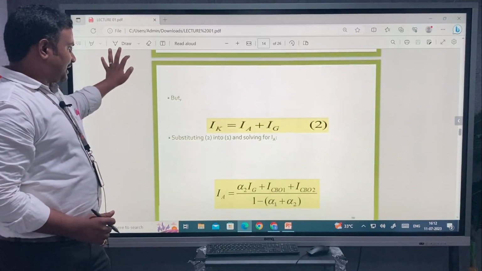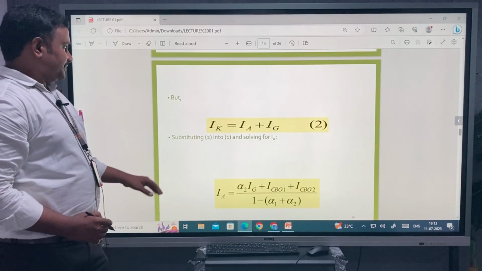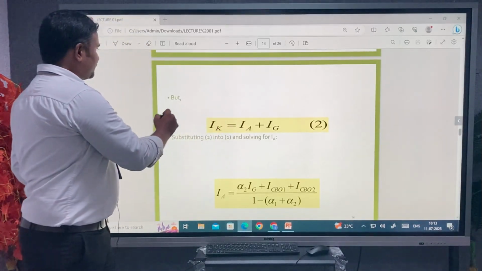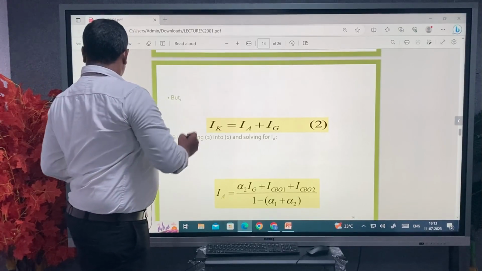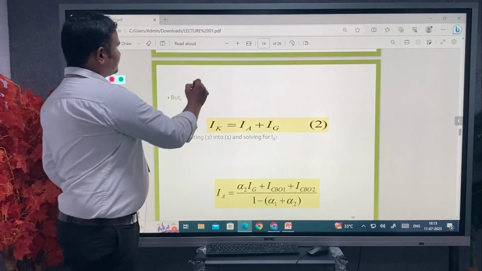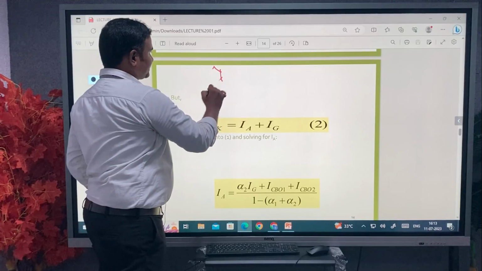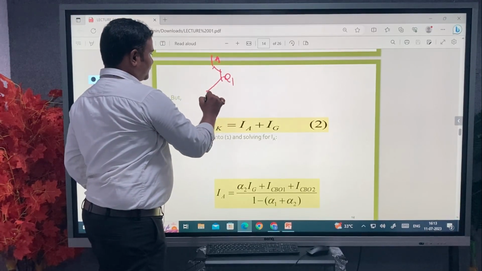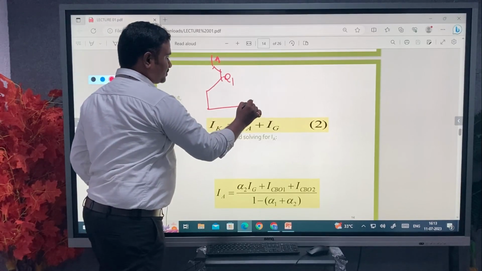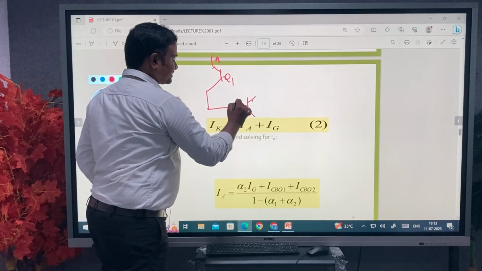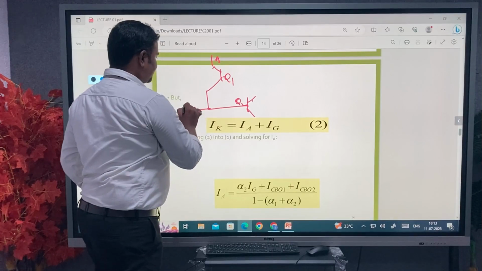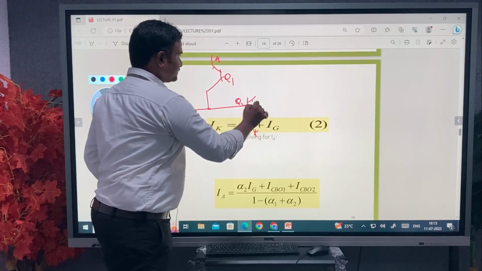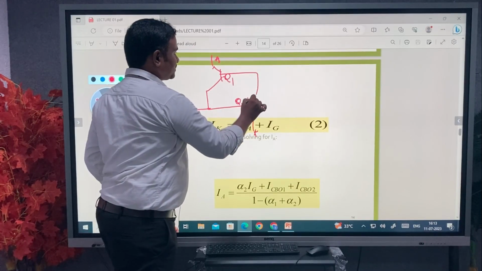But what is the cathode current here? The sum of anode and the combination, where we have anode and cathode. So here it is the Q1 thyristor. Here it is the anode, and the cathode is connected to the base of Q2. So here it is the gate signal. So this is the cathode and this base is connected to this.